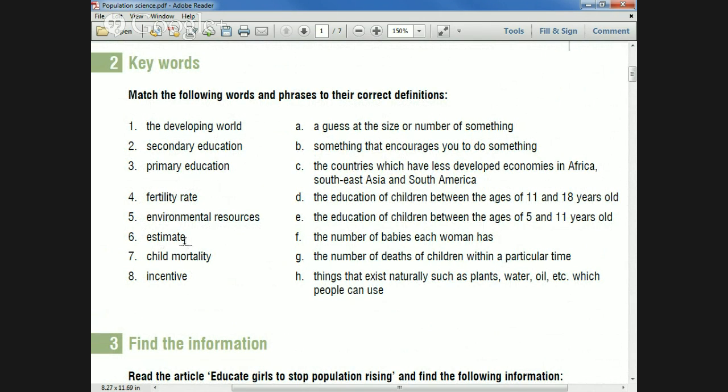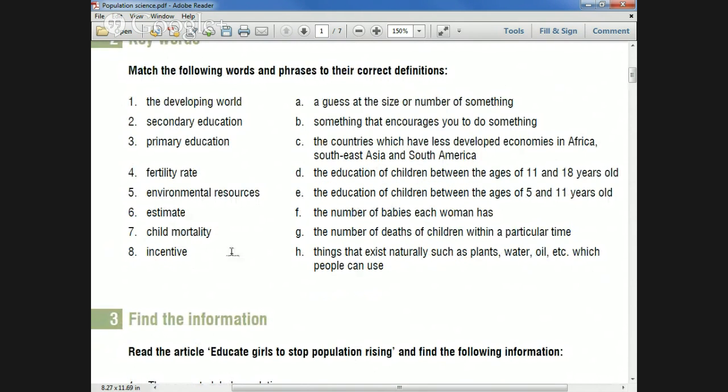For number 6, if it's a verb, the pronunciation is to estimate. But if it's a noun, it's an estimate. Just an FYI, the pronunciation is different.